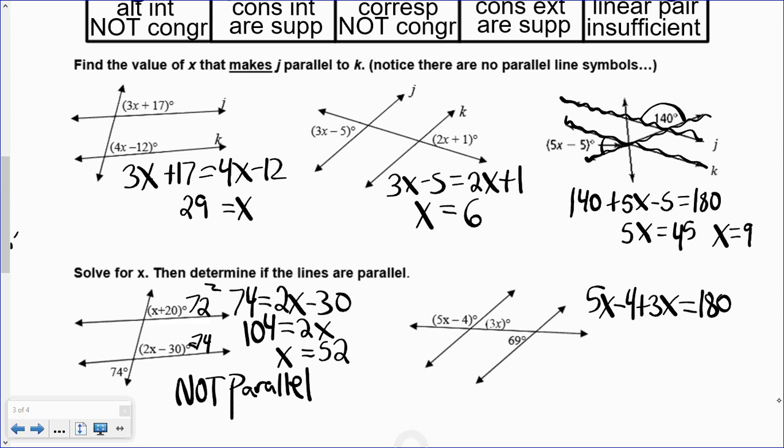All right, how do I solve this? Just add the x's. Okay. This side. What's 184 divided by 8? What is it? 23. Okay, so x is 23.